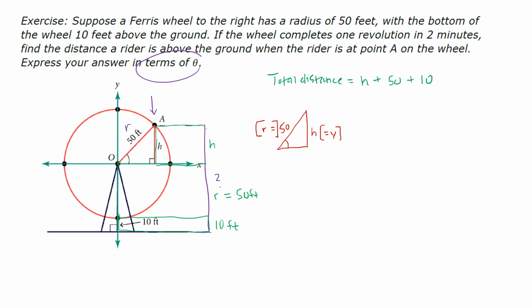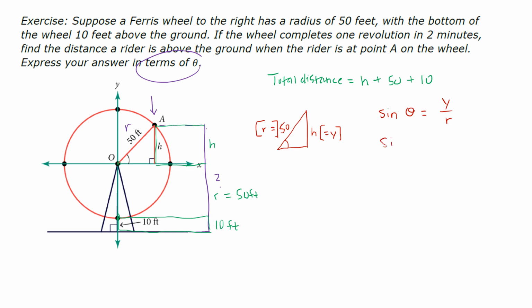Well, if you looked at our list of functions, you would see that sine of theta, as well as cosecant, will allow us to find h, but we'll stick with sine for this problem. Sine of theta is y over r.